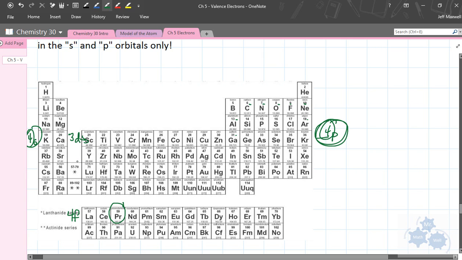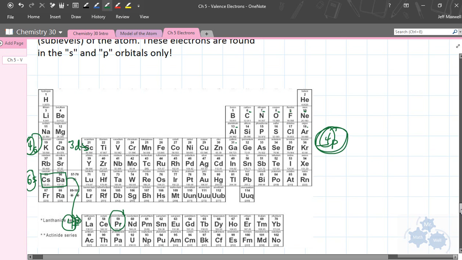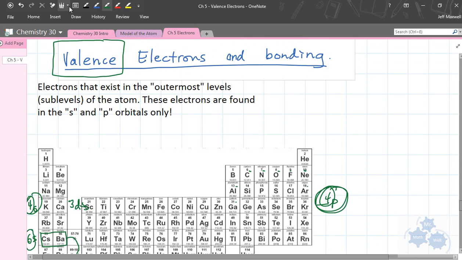That's number 59. So we fill the 6s orbital, then the 4f orbital gets filled. But the highest energy level is 6. So 4 is, yes, filled after the 6s, but you look at these numbers and you realize that the largest energy level orbital is the outermost. Those are the ones that are exposed. So when we talk about valence electrons, they're the outermost electrons.